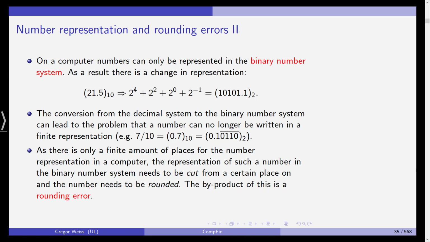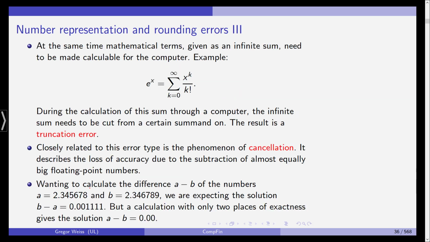So in some cases, if you are taking numbers to the computer, it might have a finite or sometimes an infinite representation in the binary system, and then you will have a cutoff error. Numbers need to be cut off, and this leads to a rounding error.